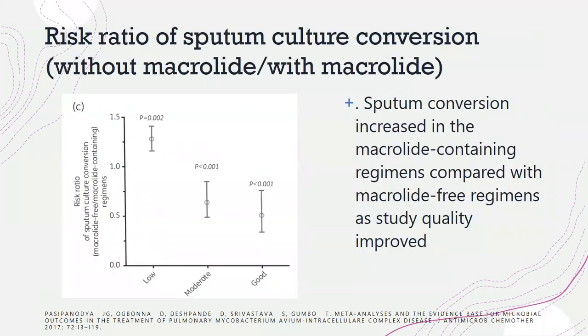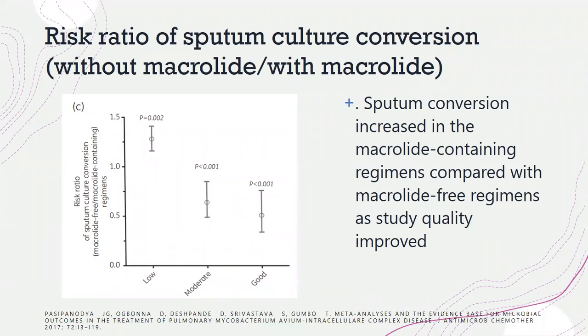This is actually very interesting: if you look at that systematic review and at the quality of the data from all the studies that were pooled in it, the sputum conversion in response to macrolides favors the use of macrolides more as the evidence from these studies was classified as good as opposed to low quality evidence.